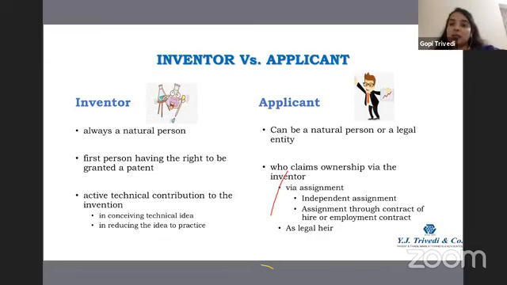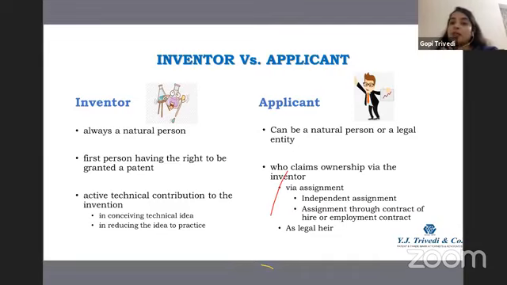Are they the same? Are they different? What can be the scenario? An inventor necessarily has to be a natural person. But the applicant can be a natural person, and at the same time can be a legal entity like an institute, a university, a college, a trust, a company, etc.